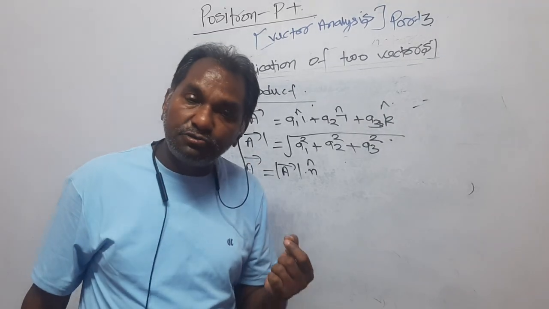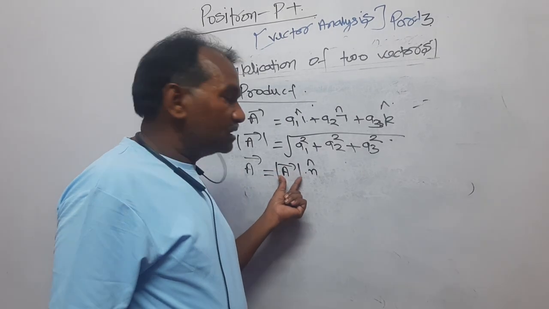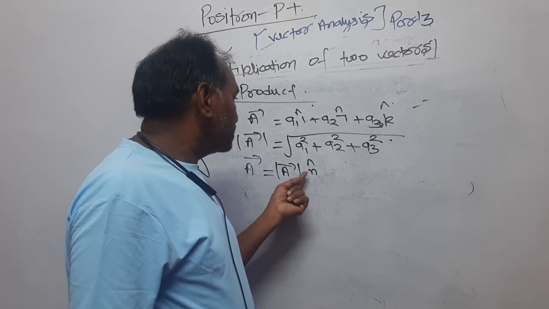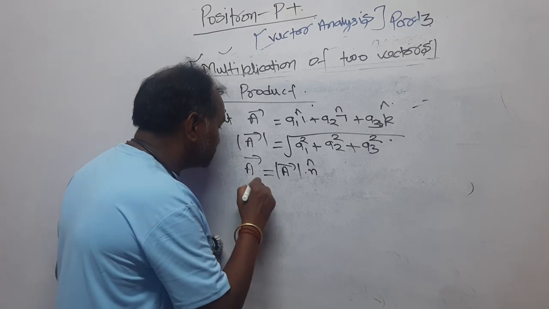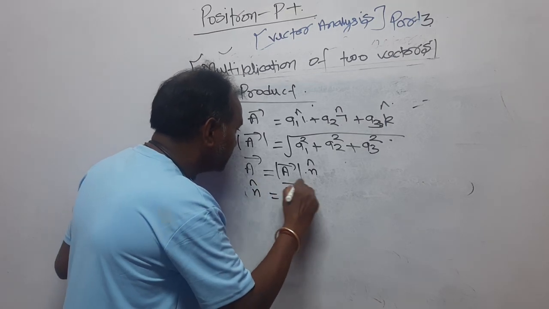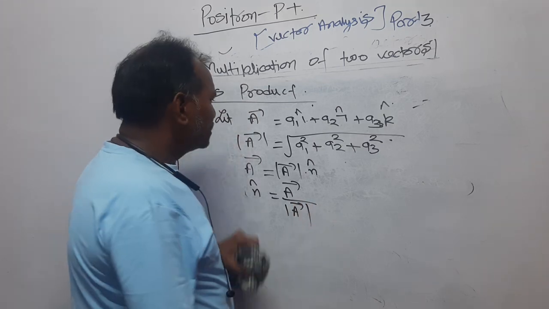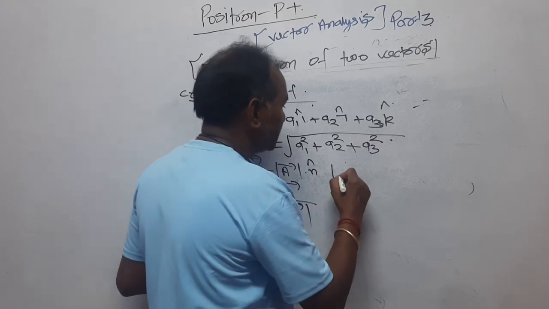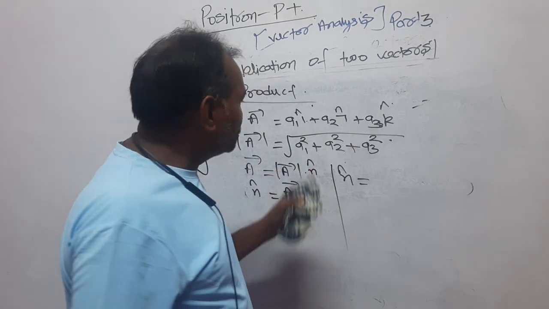It has the magnitude and direction both. So separately I am writing the magnitude like this, mod of vector A, into direction, that is n cap, and so it becomes n cap is equal to vector A upon mod of vector A. Right? So in this case you can write the n cap unit vector of vector A.